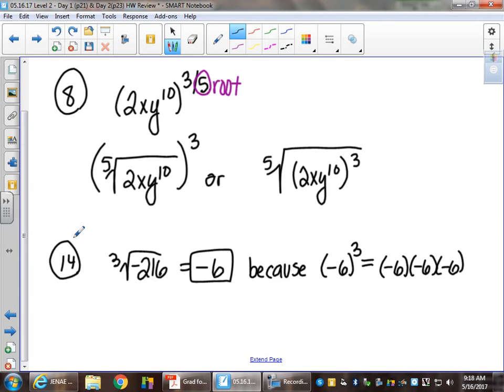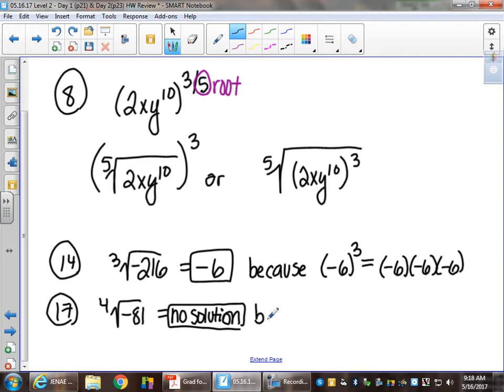But why is number 17 no solution? Because, let's say, what did you maybe say the answer is? What did you want to say the answer is if it was no solution? Negative 3? So let's see. That would mean negative 3 to the 4th.